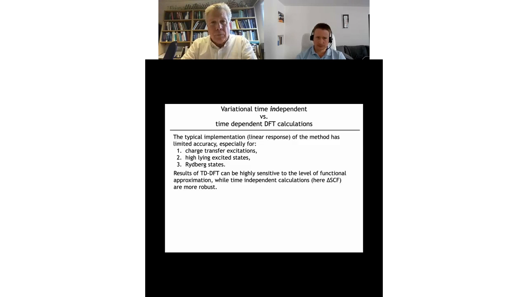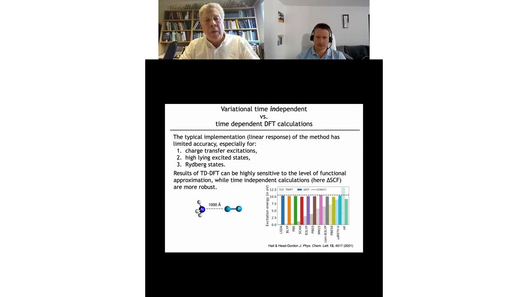The thing is that the calculation I'm talking about, finding saddle points, is variational. You actually get to a stationary point, and you optimize the orbitals. You're not dragging along the orbitals from the ground state calculation. And there's a beautiful paper by Head-Gordon, where they looked at an electron transfer reaction, rather a strange one.